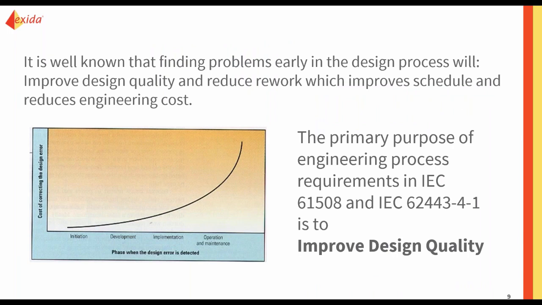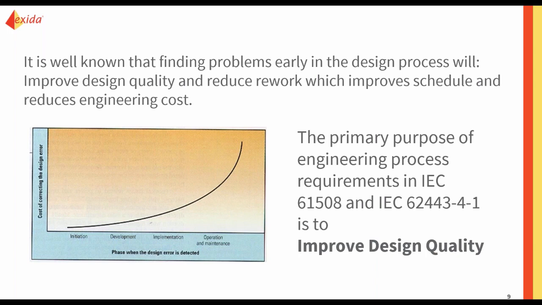The third variable behind maintaining budgets and maintaining schedules is design quality. Both functional safety specifications, IEC 61508, and the cybersecurity specifications, 62443-4-1, have many requirements for the engineering process.